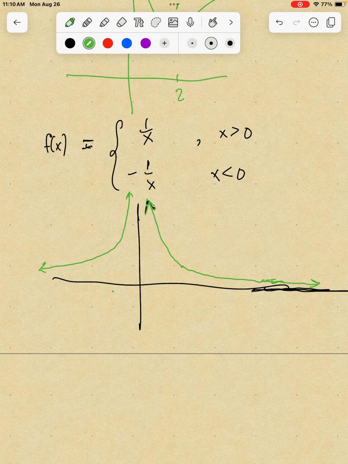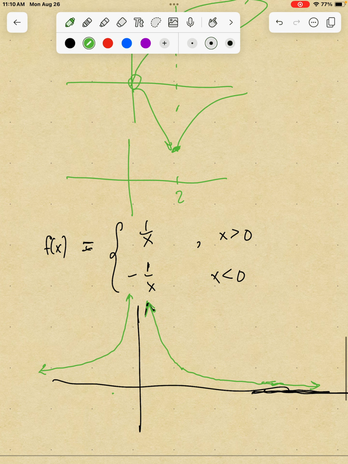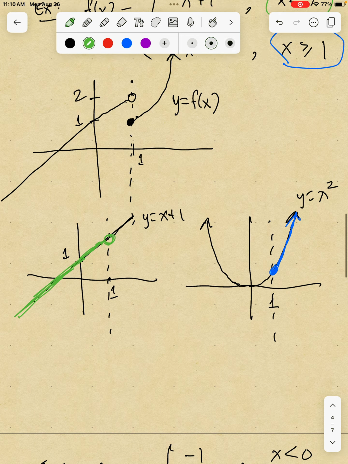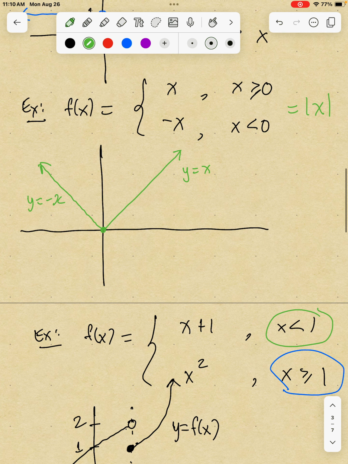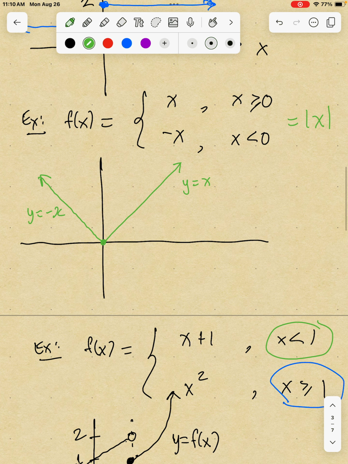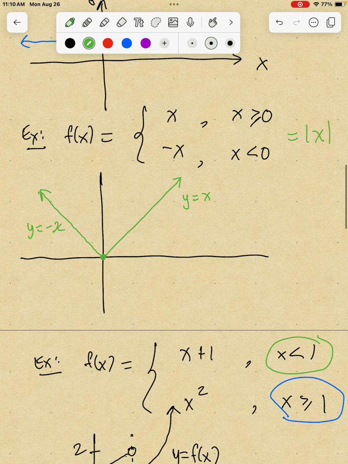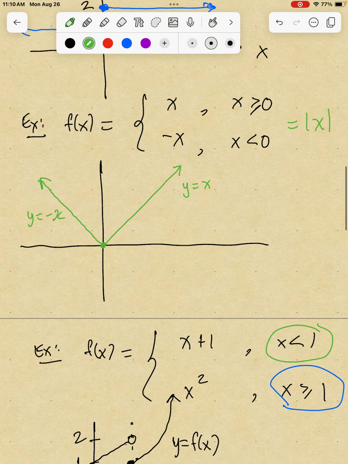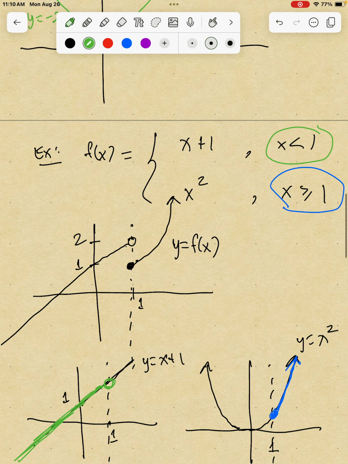Okay, so piecewise functions are definitely things that you want to make sure that you're familiar with. They show up in calculus, usually in the section on continuity, because continuity is basically about the function being in one piece. So if you have a piecewise function, like in this example, the absolute value of x, the function is in one piece. It's not broken up anywhere, but in this example, it is broken up. Right? It's broken up here.